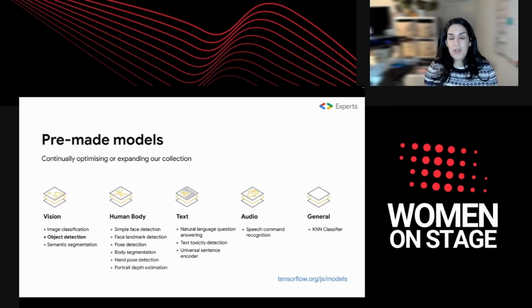The good thing about this is that you don't really need a background in machine learning in order to use them. As long as you have working knowledge of JavaScript, HTML and CSS, you can just grab them out of the box and use them, and you will see how easy this is.